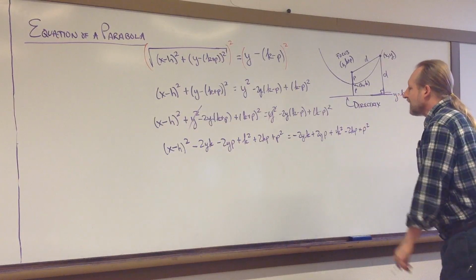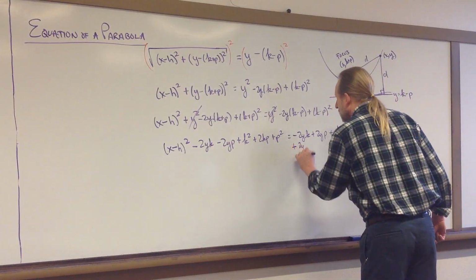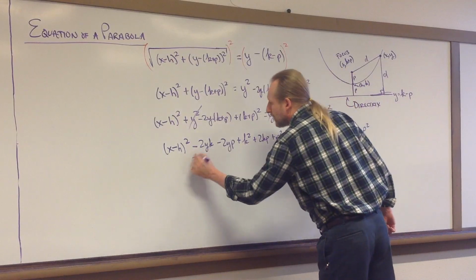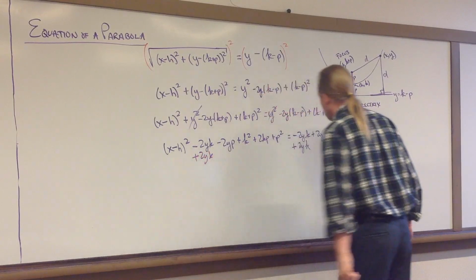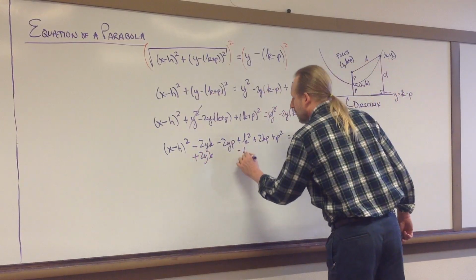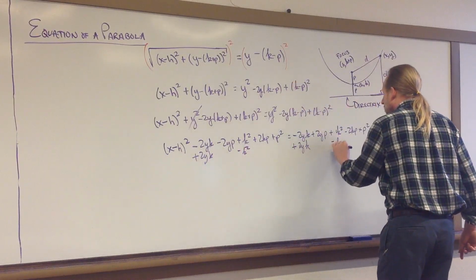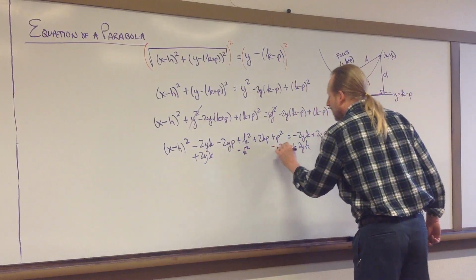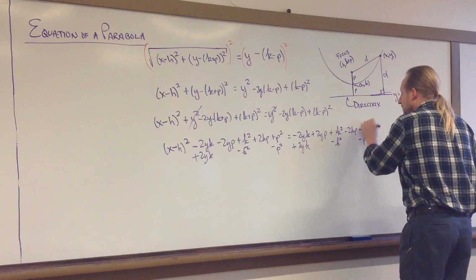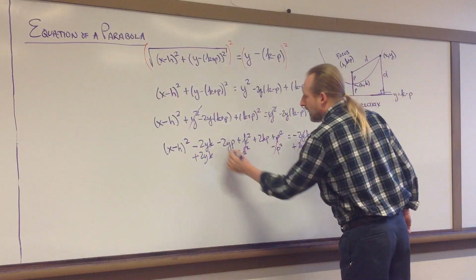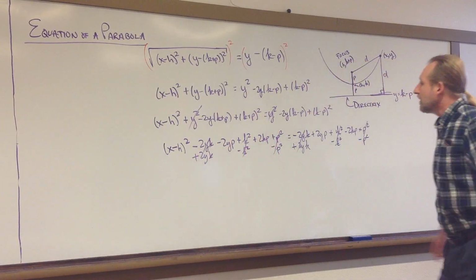All right, now we've got some really nice cancellations here. Plus 2yk plus 2yk. Minus k squared minus k squared. Minus p squared minus p squared. That all cancels out. All right, now what?